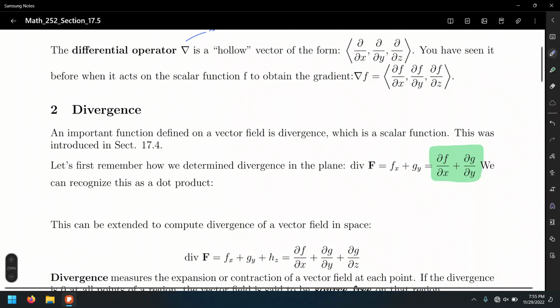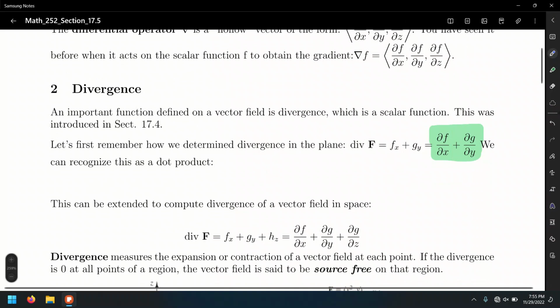Well, that's because in this case, this nabla operator is dotted with some vector field, where the nabla operator is the partial derivative operator with respect to x, comma, the partial derivative operator with respect to y. These are not yet derivatives. These are just operators, instructions to act on functions.